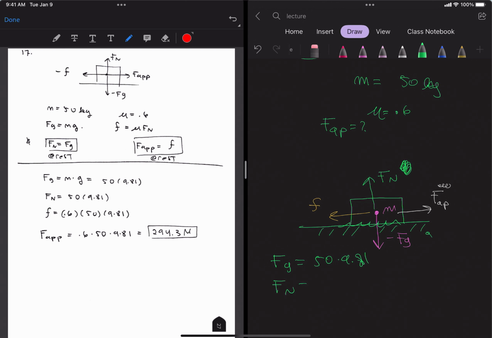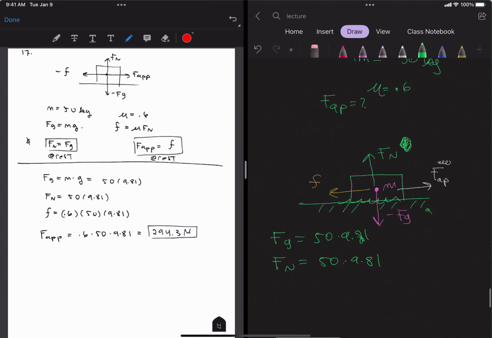So the normal force is also going to be 50 times 9.81. And now we can get friction, because friction is related to the normal force. Friction is going to be the coefficient of friction times the normal force. So that's going to be 0.6 times 50 times 9.81.